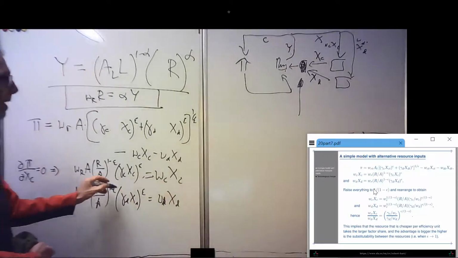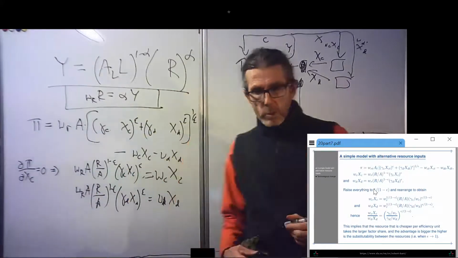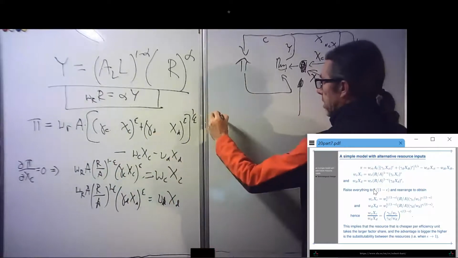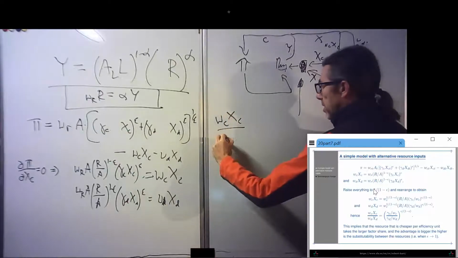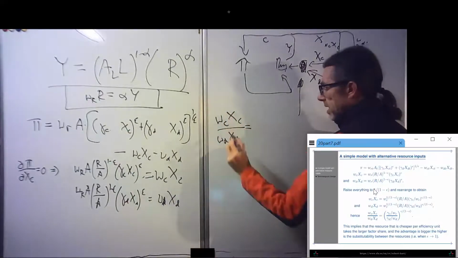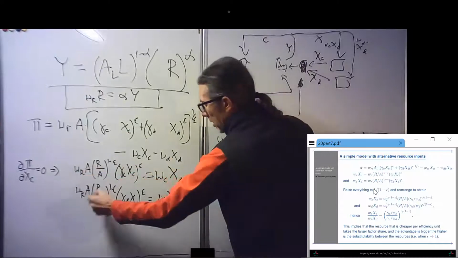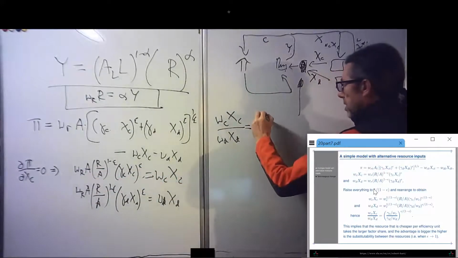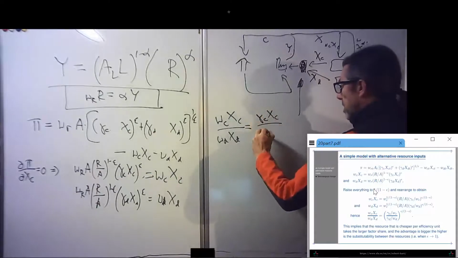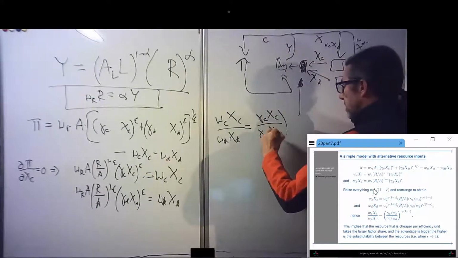And then when we divide one by the other, all this stuff cancels out, and we end up with WC XC over WD XD equals gamma C XC to the epsilon over gamma D XD to the epsilon.